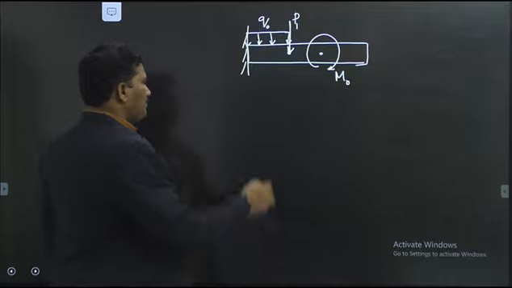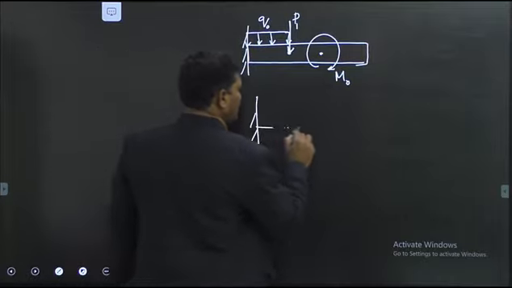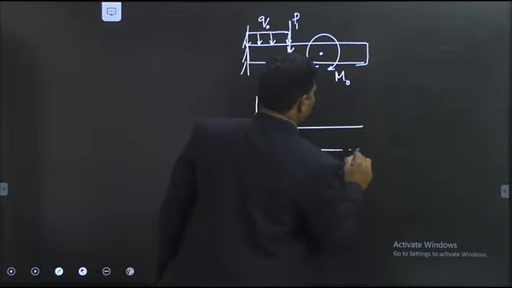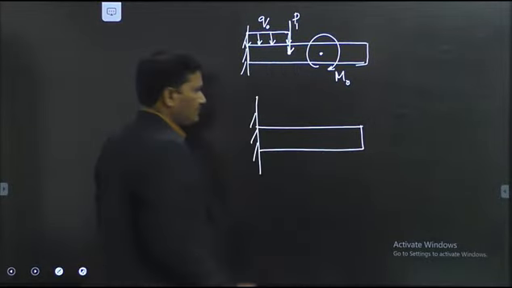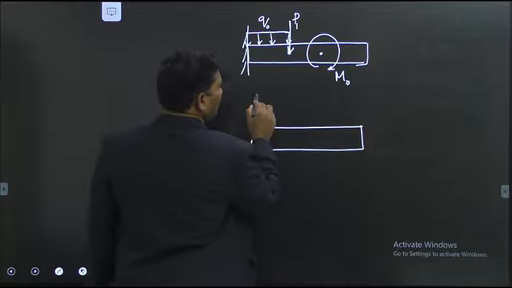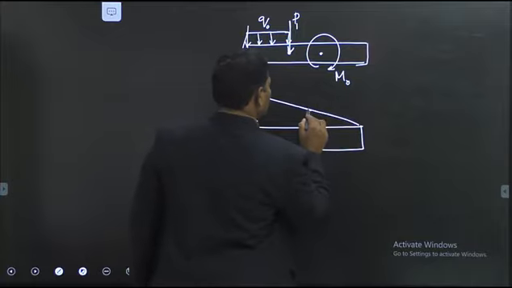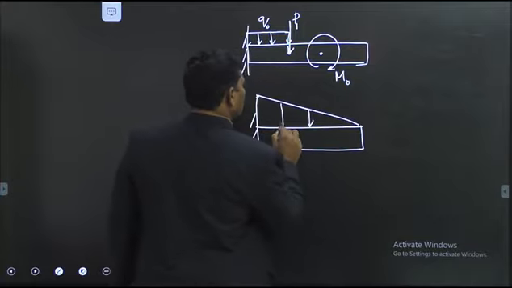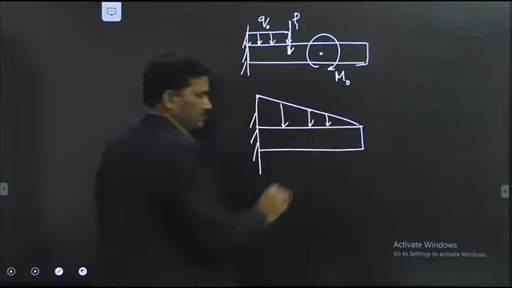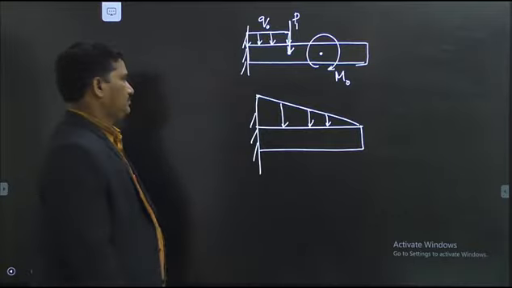We can have another problem. Again, I take a cantilever like this. Now, I can have a triangular load as shown like this. This is the triangular load. The load intensity is linearly varying.